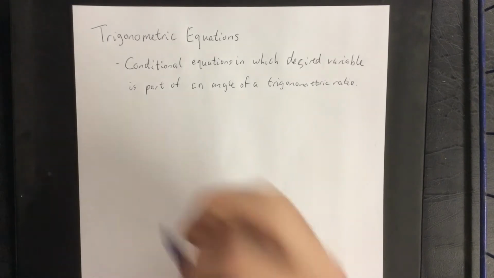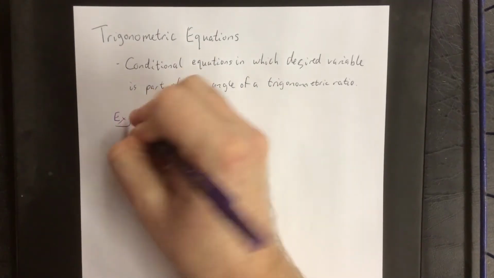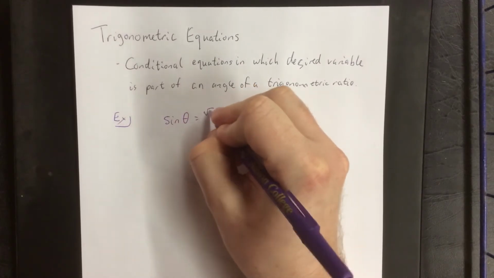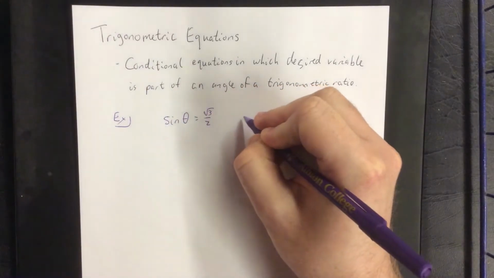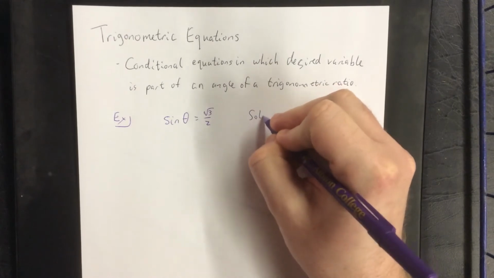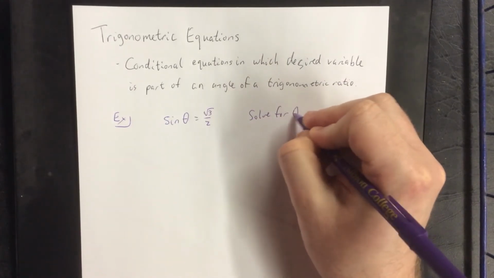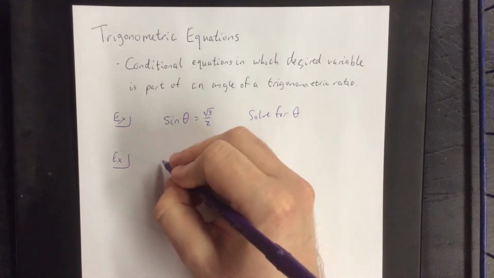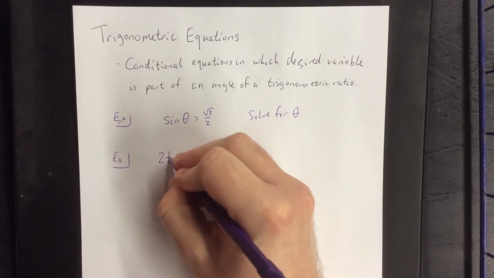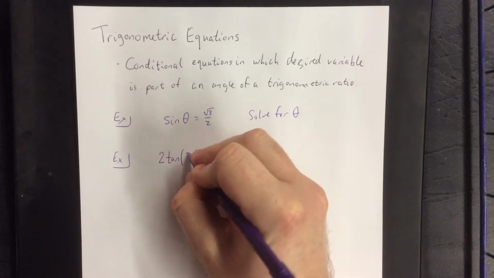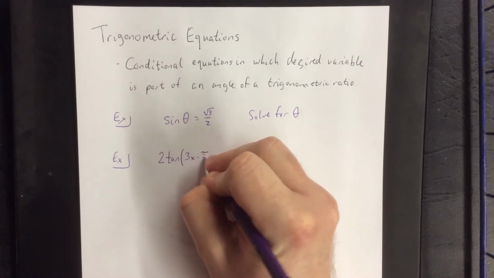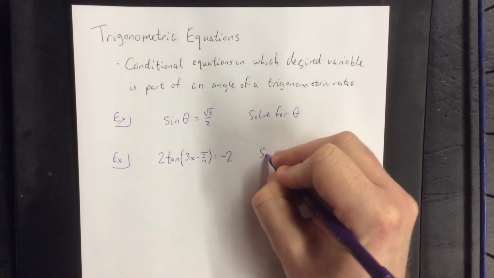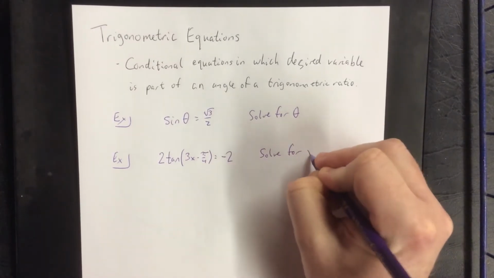Some examples of trigonometric equations: we could say the sine of theta is equal to the square root of 3 over 2, with the desired goal of solve for theta. We could also have something a little bit more complex, like 2 times the tangent of 3x minus pi over 4 is equal to negative 2, with the desired goal of solve for x.